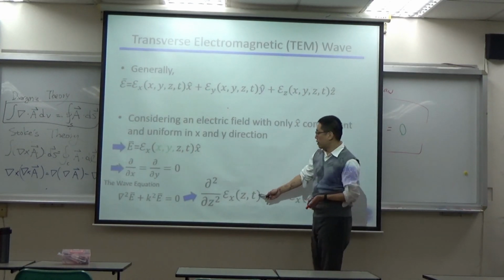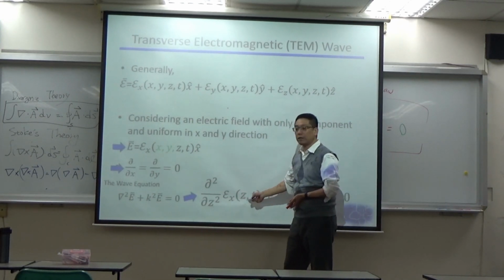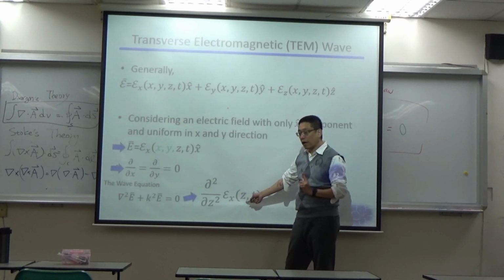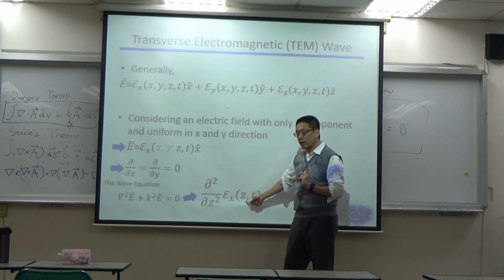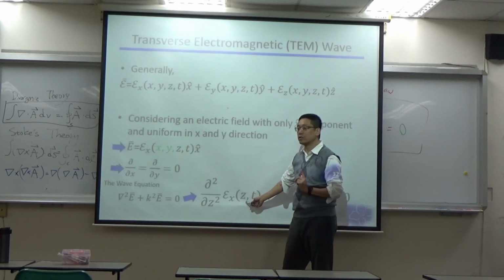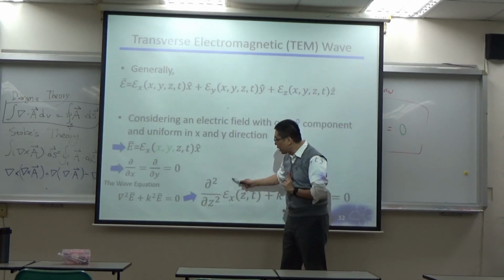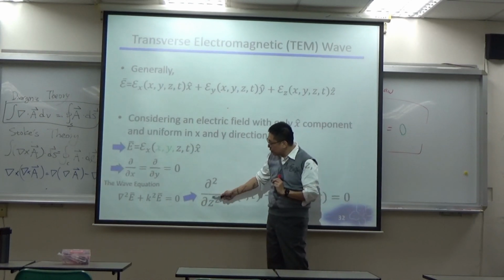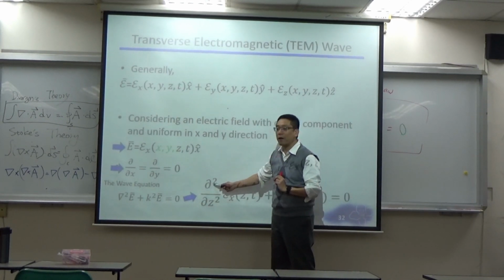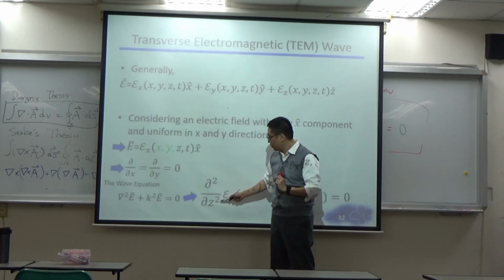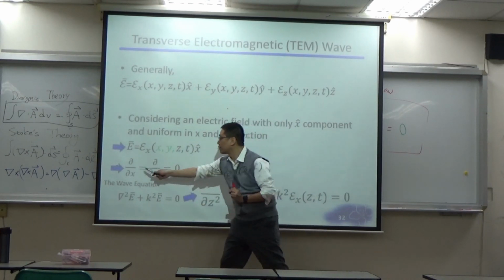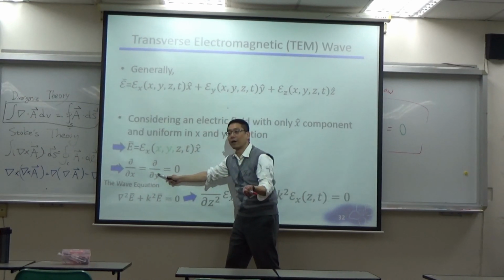If this is a function of z and the direction of x, you only deal with the scalar part. 你不管向量，你只看它的标量的公式的话，you take the Laplace. You have only this part because x and y equal 0, right?